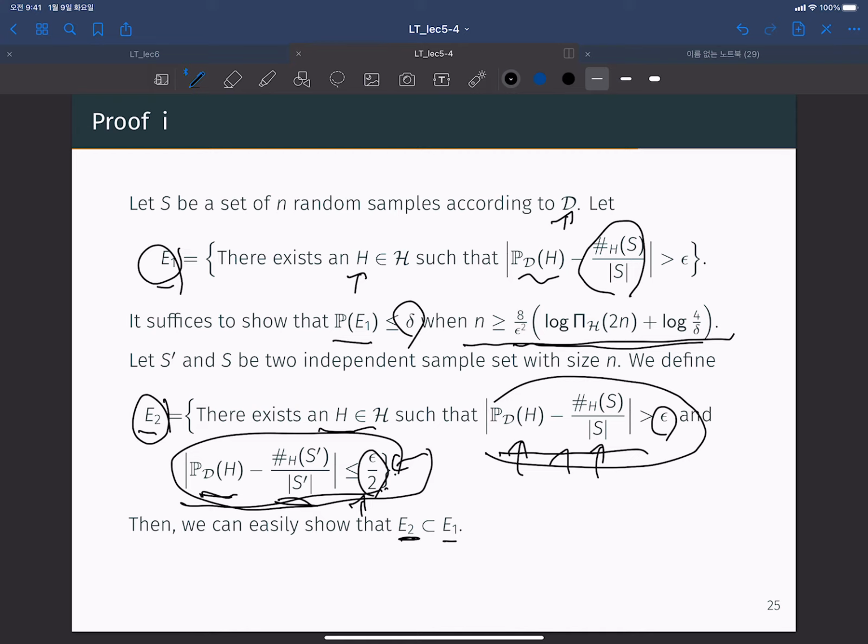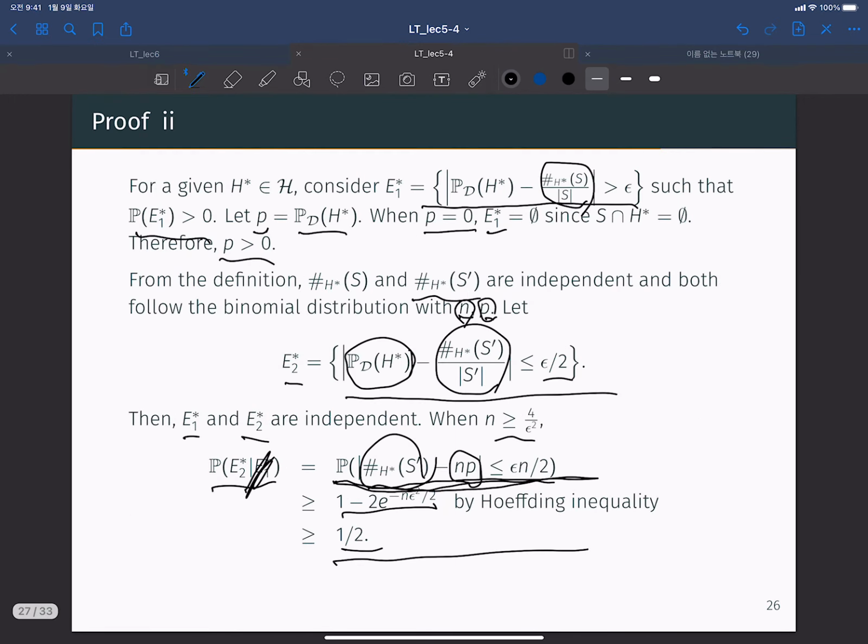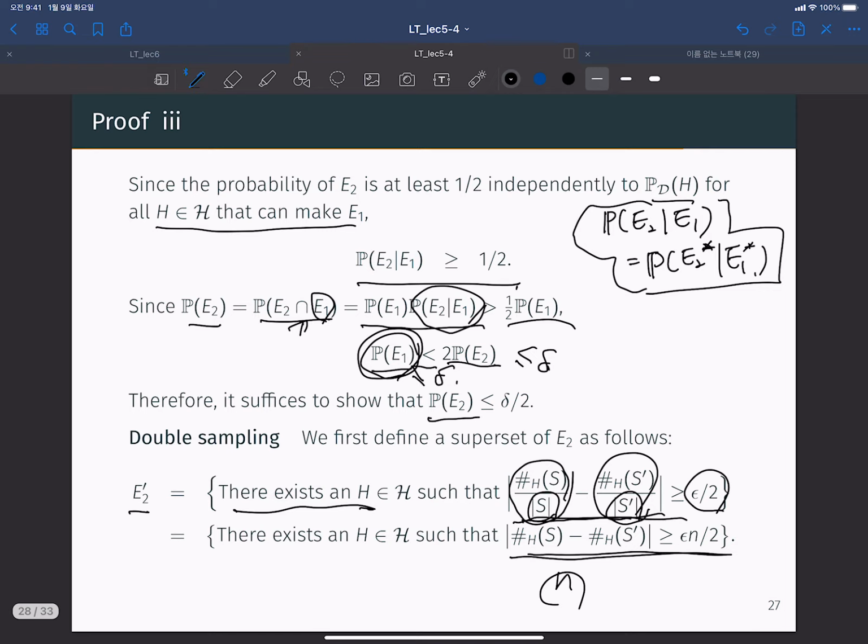This is a very simple trick. When this and this both are true, then the training error by the first set and the training error by the second set will differ by at least epsilon over 2 by definition, right? So E2 prime is defined like this based on that fact.